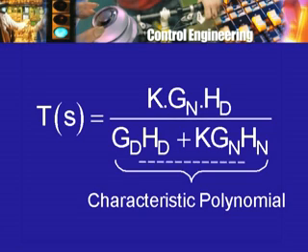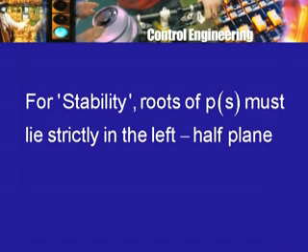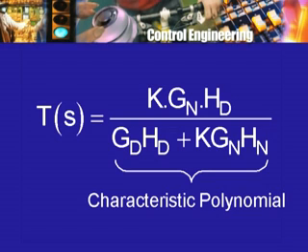I am not looking at the zeros of T(s), we are only going to look at the poles of T(s). For stability, the poles of T(s) should all be strictly in the left half plane. So, this is what we are going to look at, GD HD plus K GN HN. I want to find out the location of the roots of this polynomial, whether they are all in the left half plane, or for what values of k.